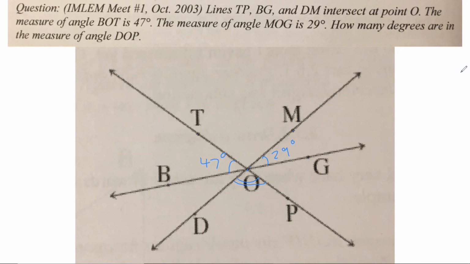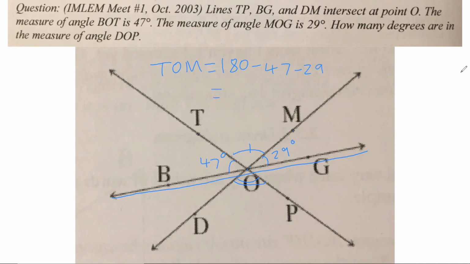So we notice that BG lies on one line, which means that this angle here, TOM, is equal to 180 minus 47 minus 29.